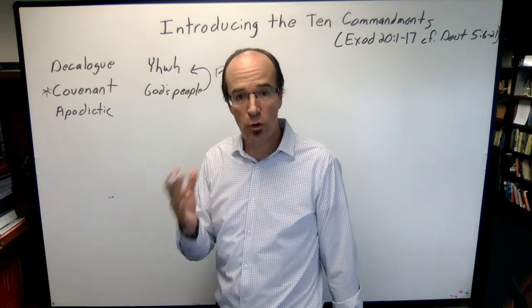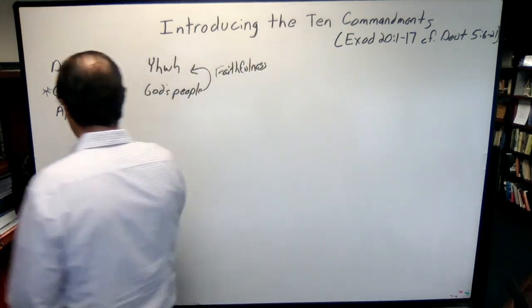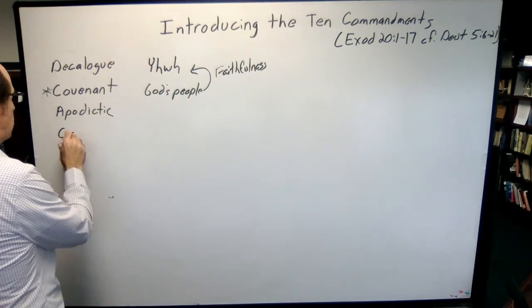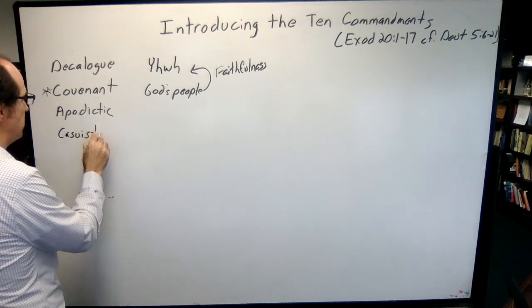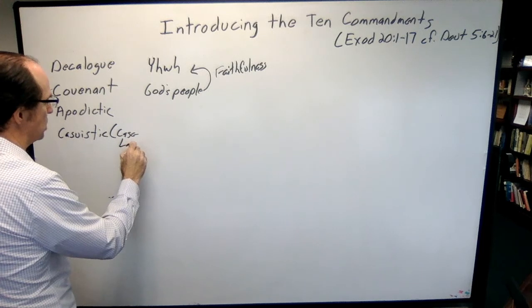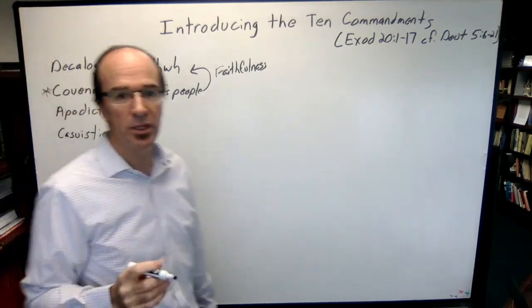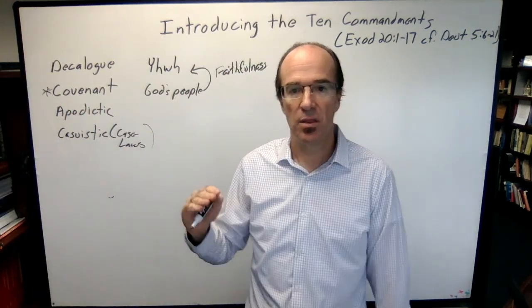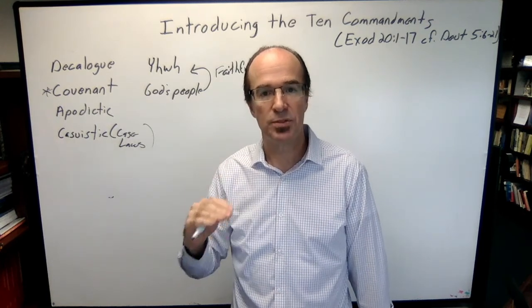Now, when we get a little further into the Pentateuch, there's another type of law that are called casuistic laws. These are more like case laws, in which there's a little bit more ambiguity in the sense that the laws assume different types of scenarios.